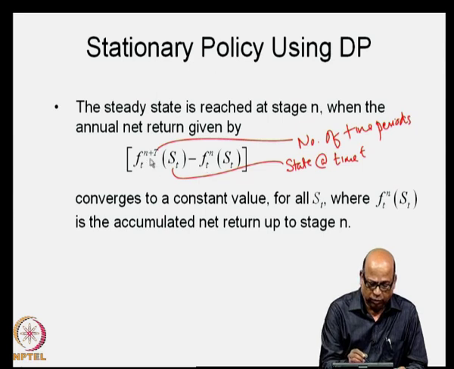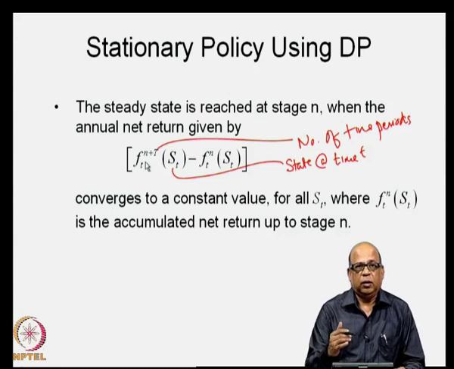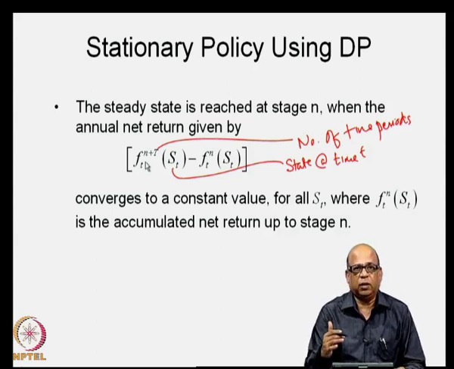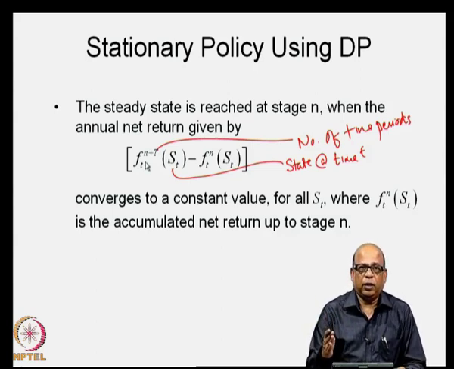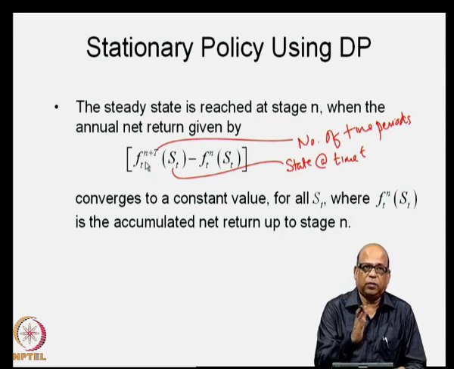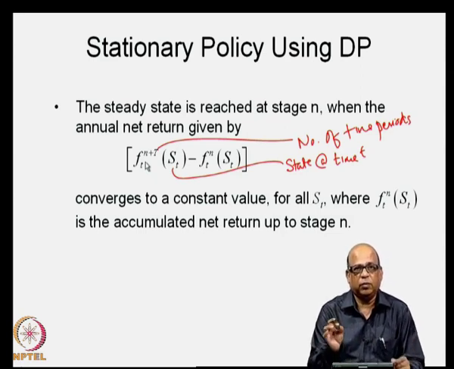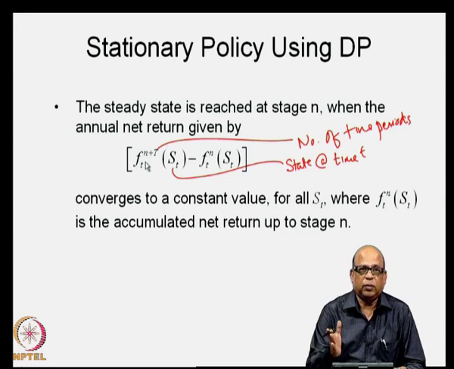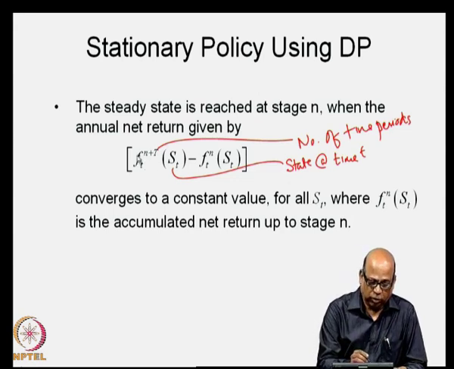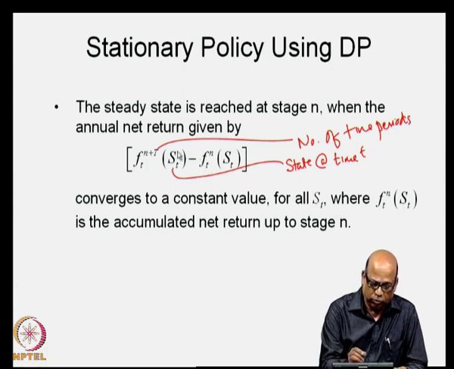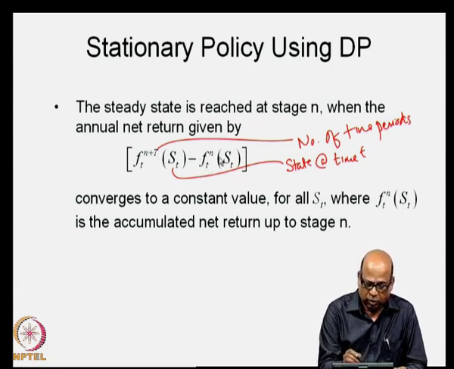When you go to the next year, the stage will be n plus capital T. Let us say you had 4 time periods in a year, and you are referring to the same time period in the next year. How much will be the stage difference? It will be n plus 4. So, that is what it indicates. So, this is the same time period t, but the stage of computations has moved to the next year, and therefore, we are referring to n plus t here.